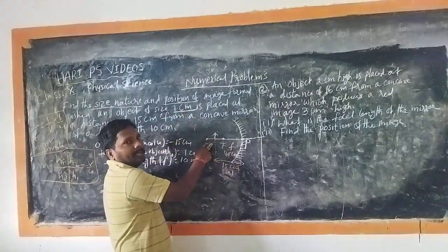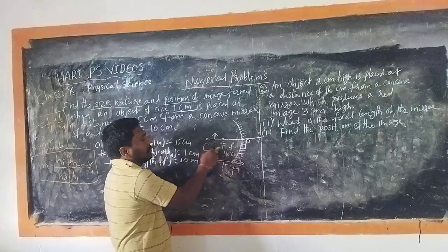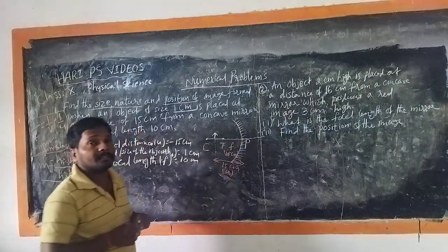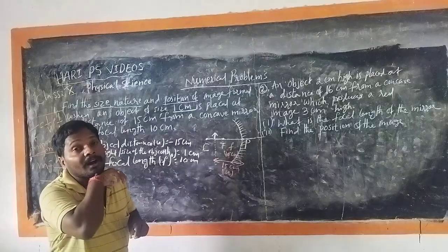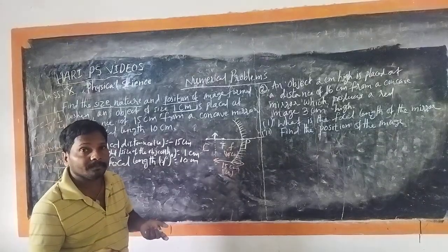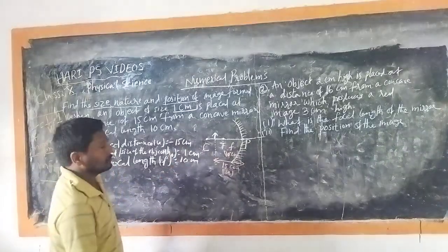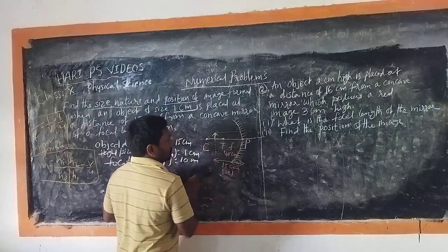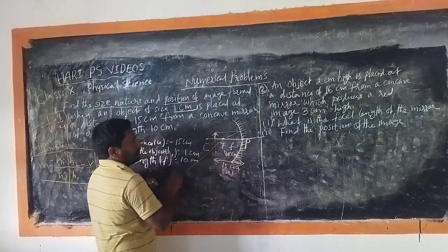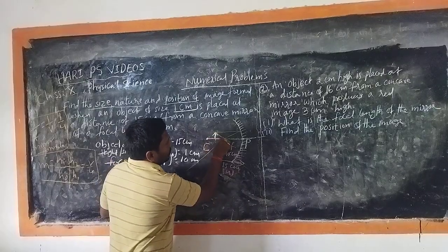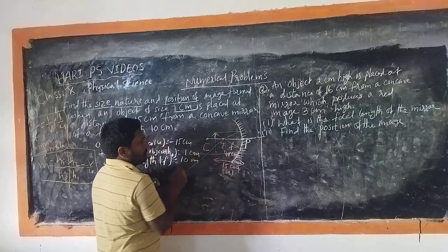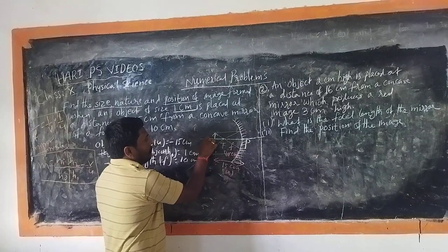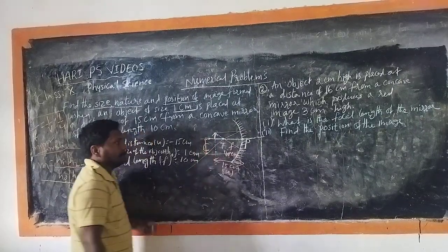The object is placed between the pole and the center of curvature. Where does the image form? Let us do it. One light ray is passing through the focus, and another one through the focus, and they form lines. It forms behind the center of curvature.